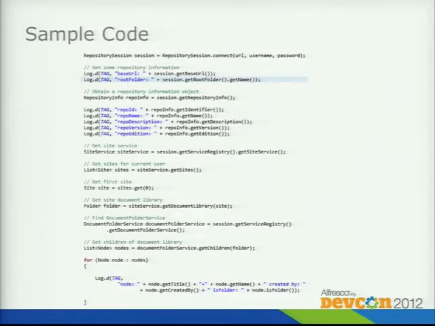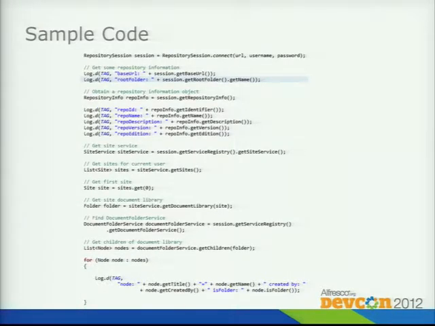So this is sample code showing how it's possible to create a session and retrieve all the information: the repository information object, the identifier, the name of your repository, the version of the repository. And with this repository session, you can have access to the site service.